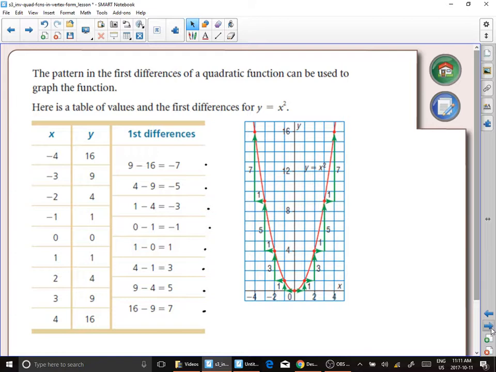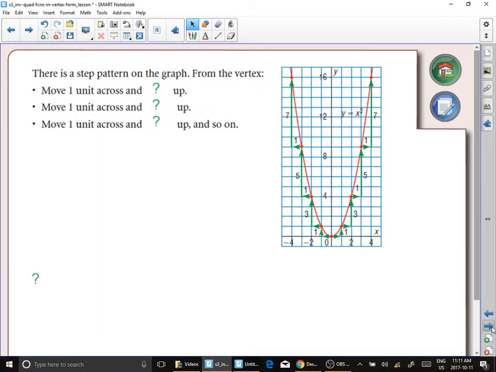Okay? So these can help us, especially if we're looking at a curve and we need to come up with the A value, just like we did in the last question. All right? So these first differences can help us. Because if the first differences are not these, then that means that A is not 1. A is something other than 1. Okay?